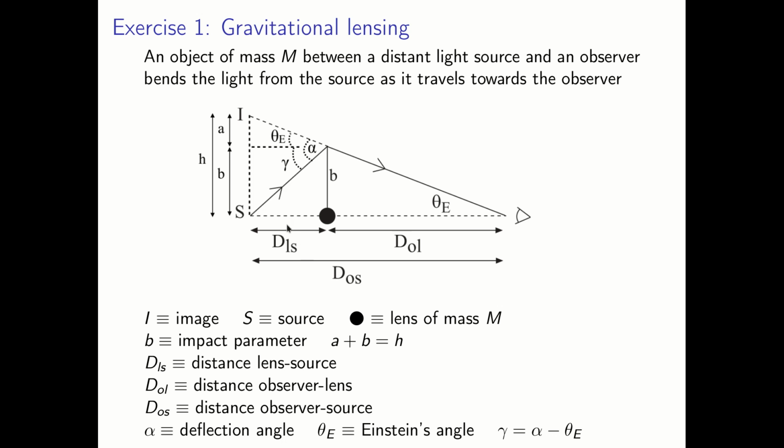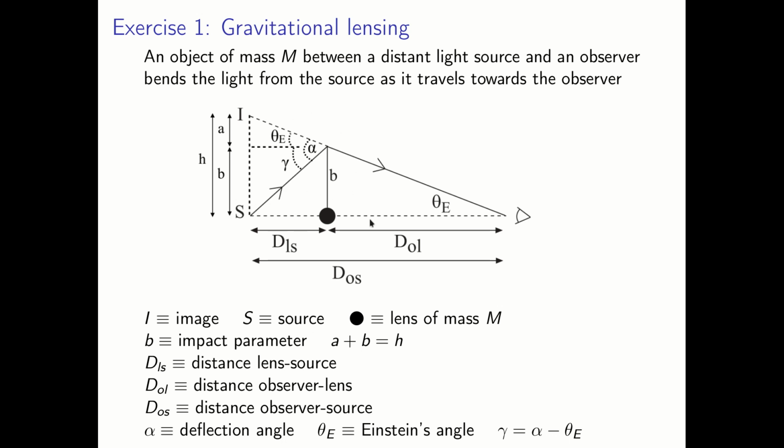We have also other relevant quantities like B, which is called impact parameter, and then we have the distance between the source and the image, which is called H, and then we have this A here, which is the difference between H and B. So A plus B is equal to H.